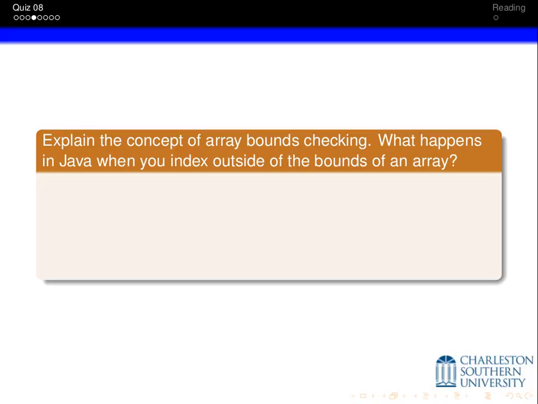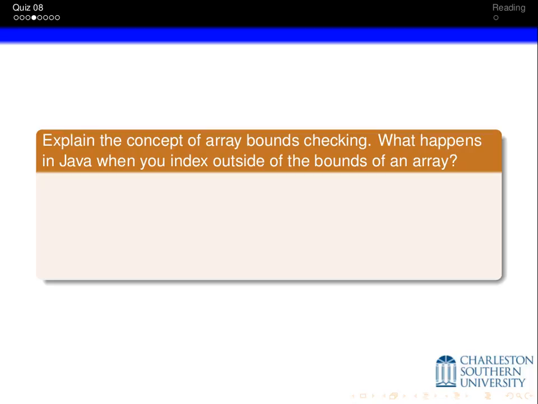More specifically, what does it do? It does compile. So the problem is when it runs. When it runs, what happens in Java? It runs your code up until the error, and then it goes into an error state. It throws an exception, an array out of bounds exception. So it stops your program by throwing an exception.